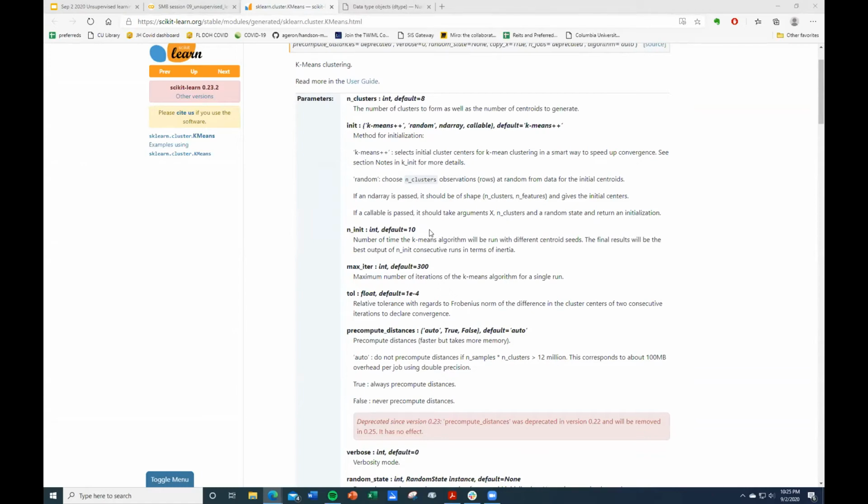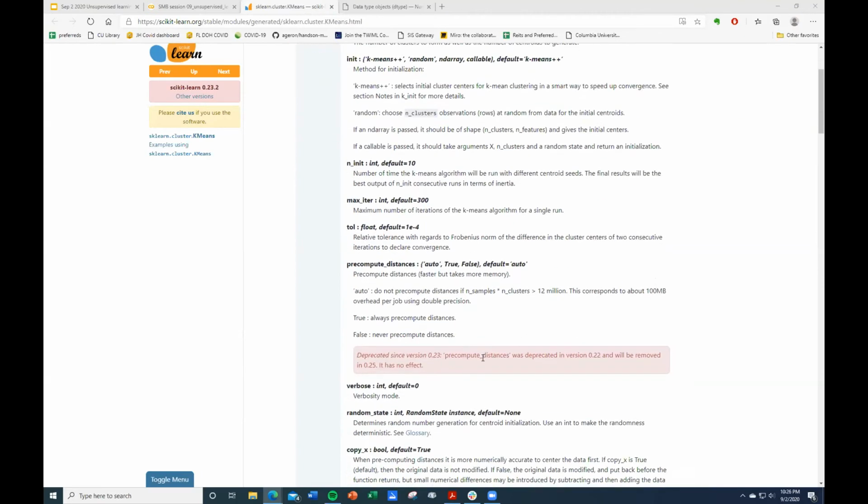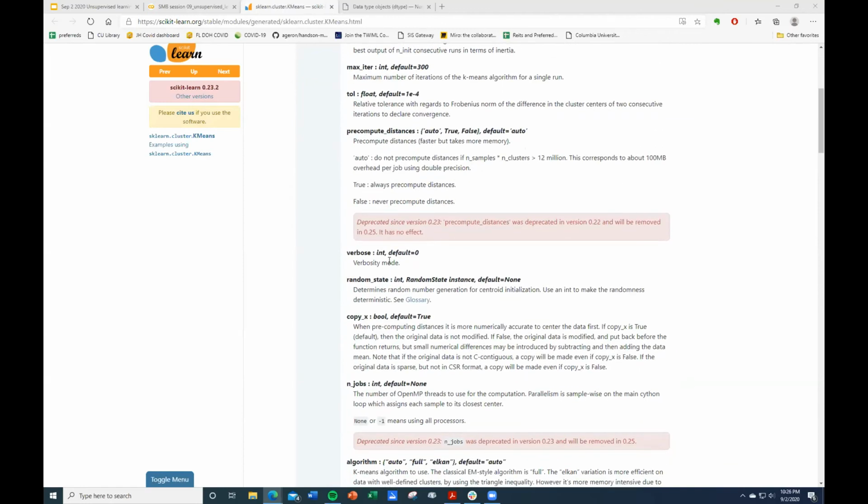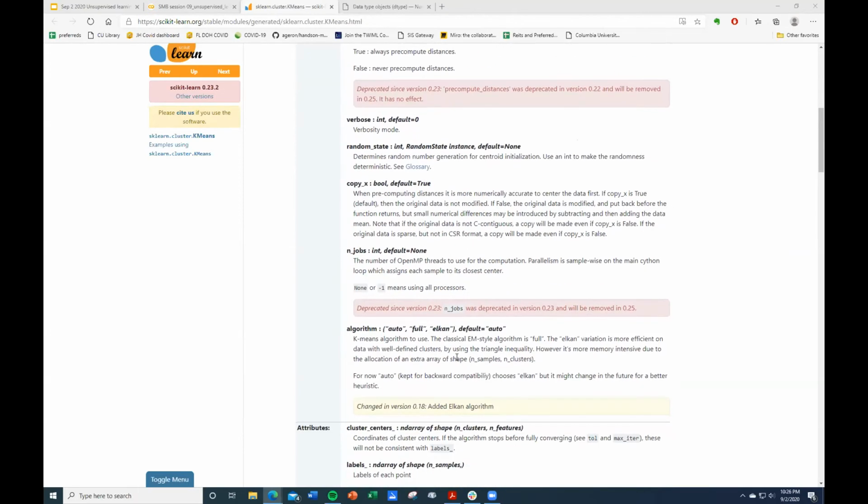There's the trade-off of increased computational complexity with a higher number but improved accuracy, maximum number of iterations, the tolerance, which is set at a default of 0.0001, I believe, and these precompute things, which are deprecated. The verbose tag, which I discussed with you before, random state, and that's pretty much about it. The algorithm is also relevant, and we'll discuss that later.